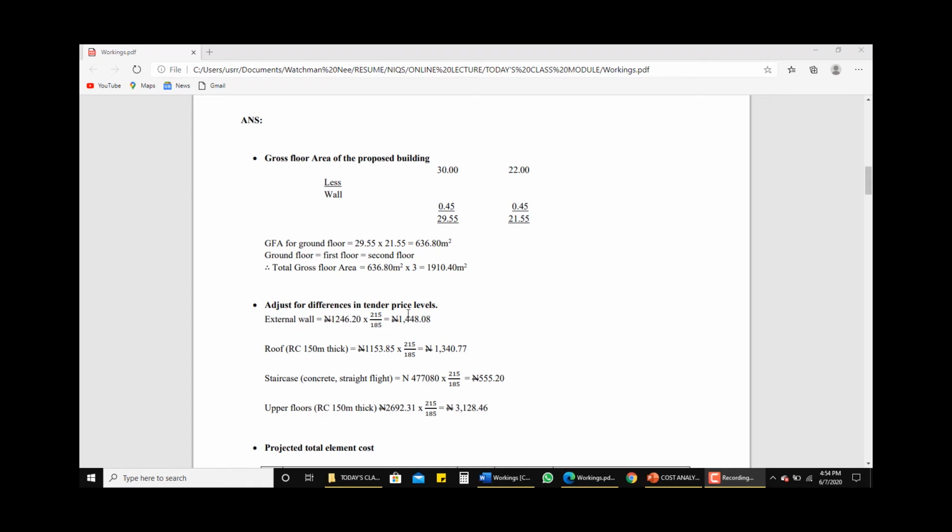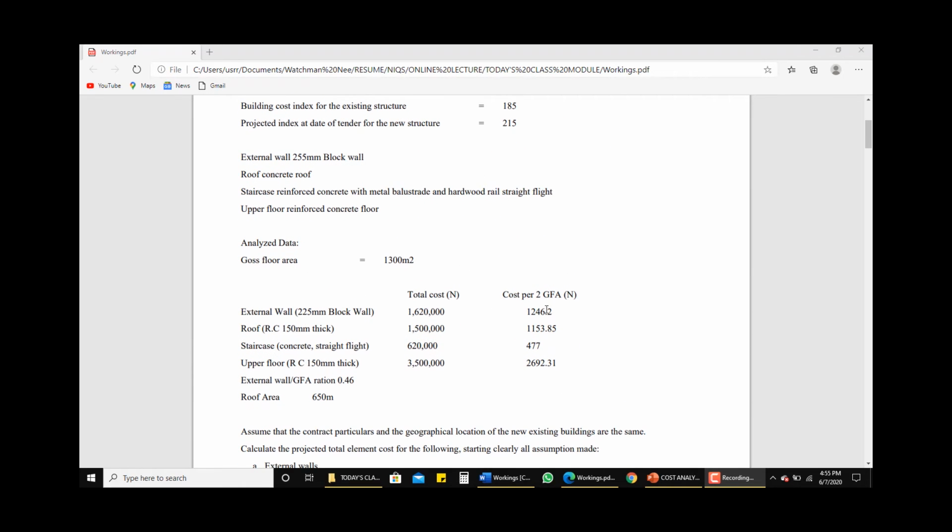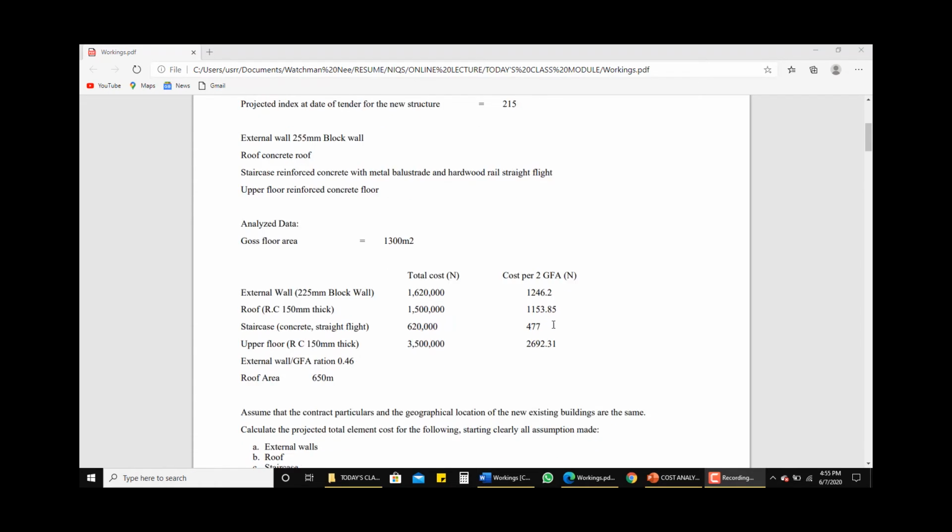Now let's see how this is done. So for the external wall, you see that the cost per square meter here is 1,246.2 kobo.